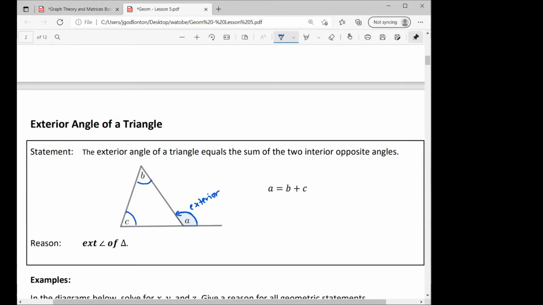So A, which is our exterior angle, is equal to B plus C. And the reason we write down for this one is EXT for exterior angle of a triangle.